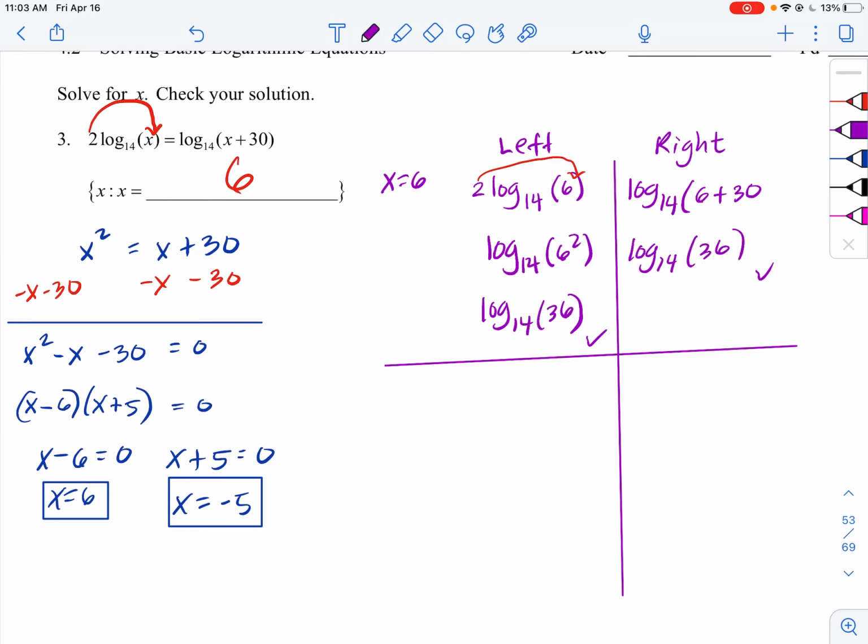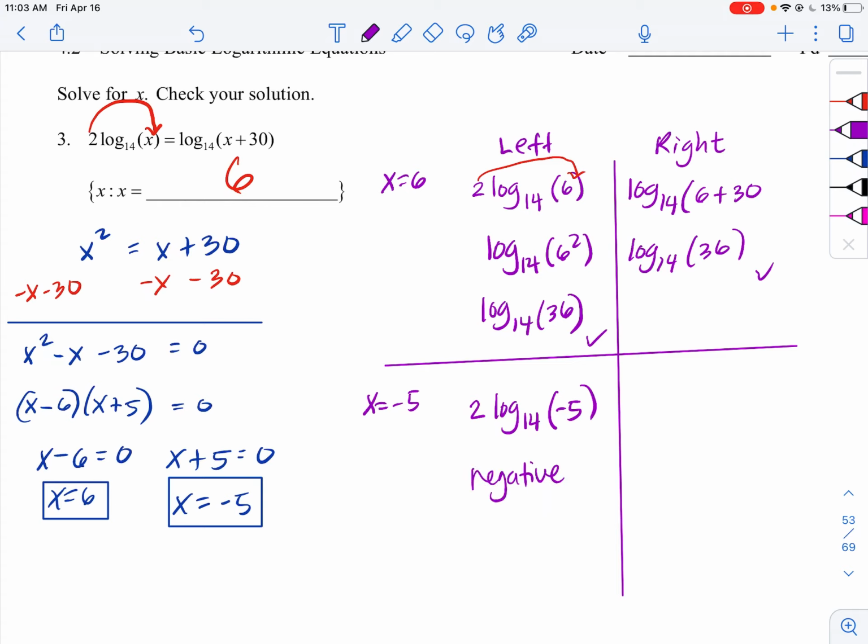Moving on, let's plug in negative 5. Let's see if negative 5 works. We have 2 times log with the base of 14 times negative 5. We have a negative number inside the parentheses, so I am going to stop.